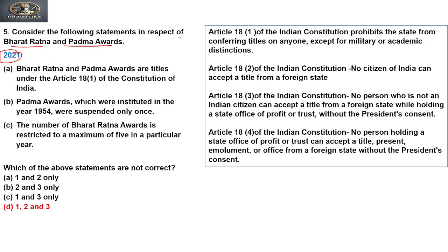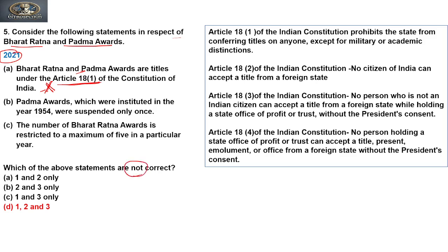Bharat Ratna and Padma Awards are titles under Article 18 Clause 1 of the Constitution. No, this is not true. Article 18 Clause 1 does not talk about any rights or any award. It only says that the state cannot confer any title on any individual other than military and academic distinctions. So this is incorrect.